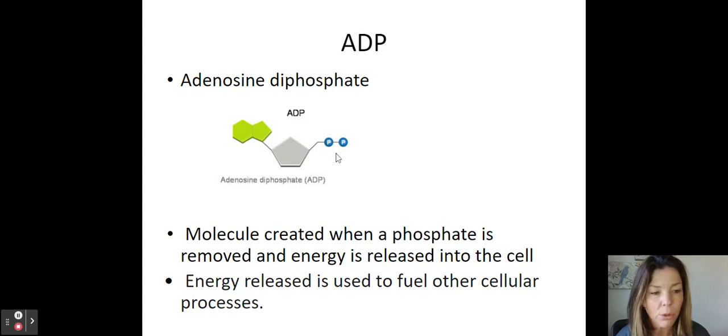One has been removed, and in that process of removing the phosphate, energy is released into the cell. This energy that gets released is the power that is used to fuel other cellular processes.